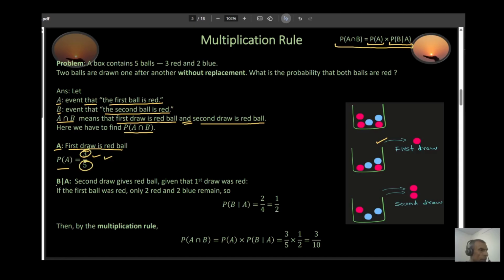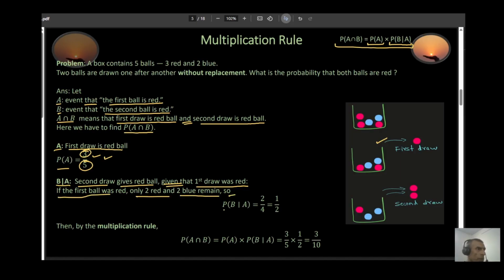What is this B given A? It means the second draw gives a red ball given that your first draw was red. That's what B given A means. If the first ball was red, then only 2 red and 2 blue balls remain.